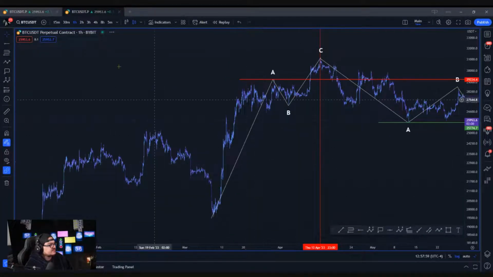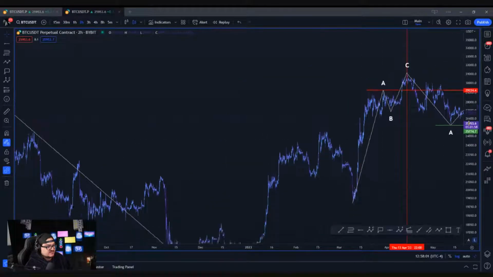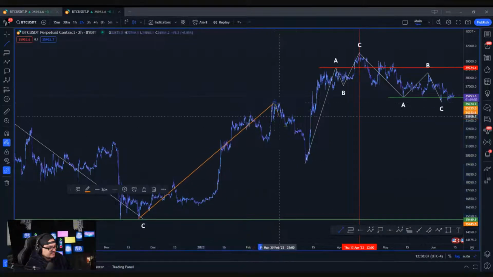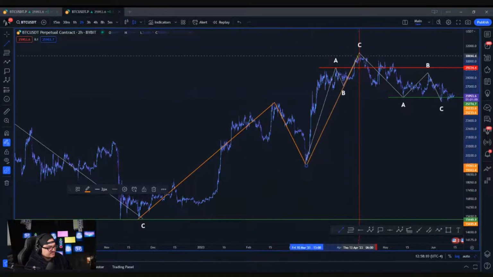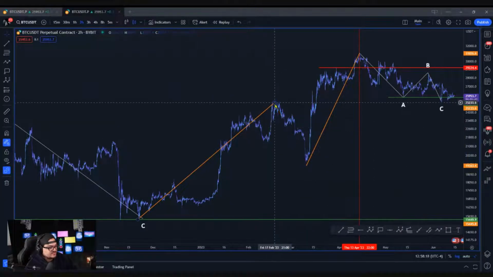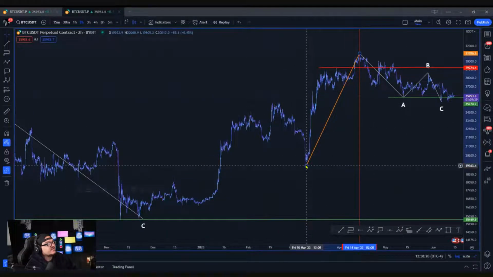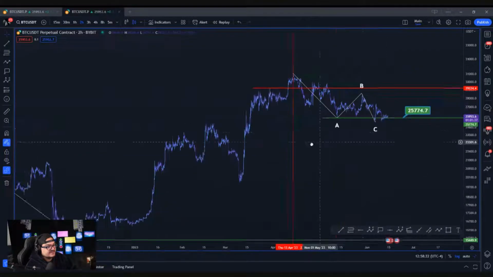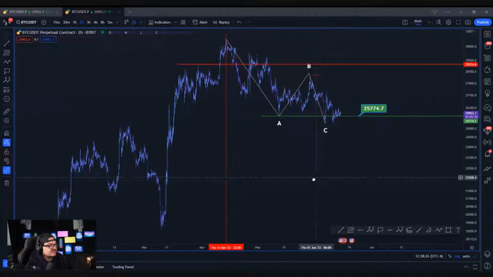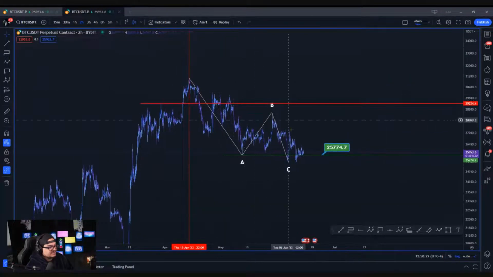The reason is that on a larger time frame, going back to this previous uptrend, we have a larger A to a possible B to a possible C. And within that C wave, I took an ABC as a potential reversal pivot. So as of now, those shorts are still in our favor, but until we get either continuation or a reversal off of this setup, depending on which direction it wants to go, we'll just have to wait and see.